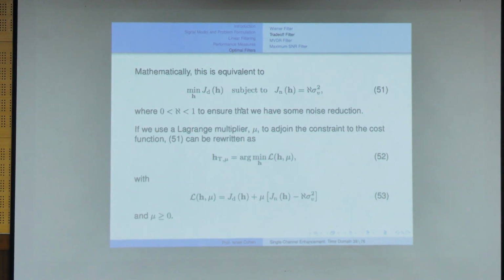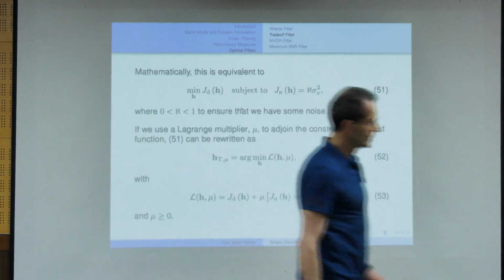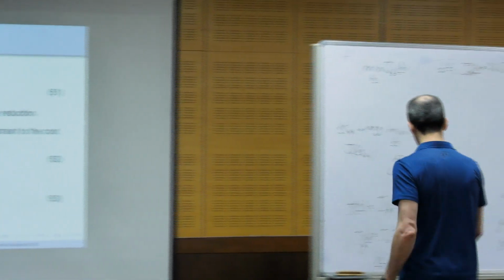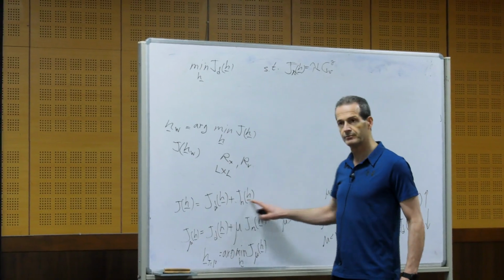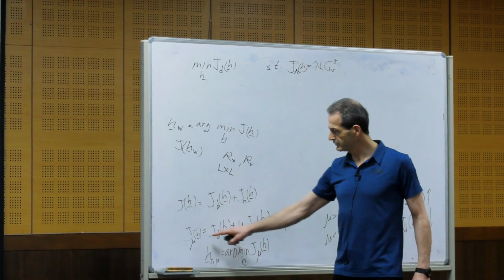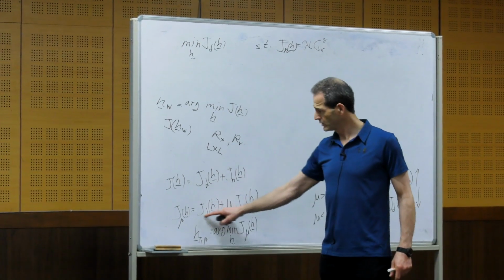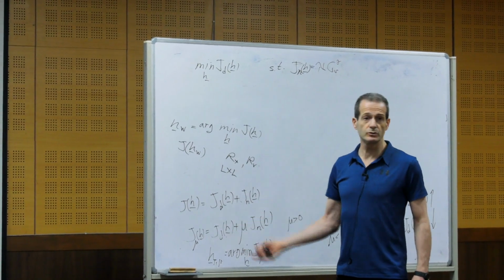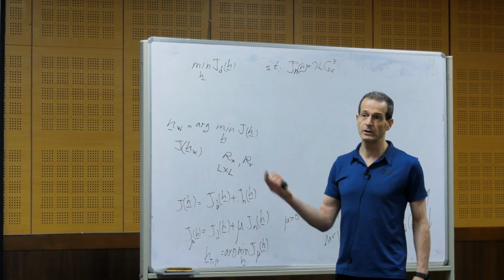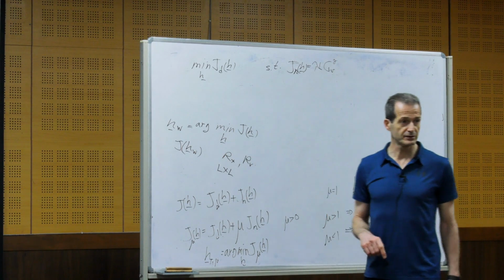So what do you think? How does the solution to this problem look? If I go here, what will be the solution? What do I need to do? I take the derivative of this with respect to h and equate it to 0, just like what we did for the Wiener filter.